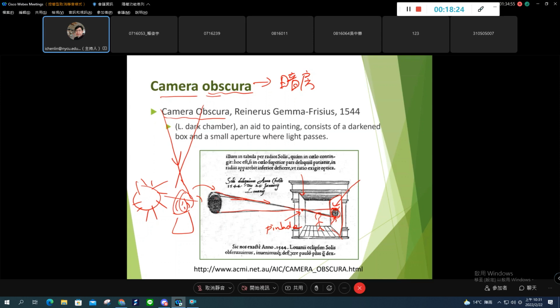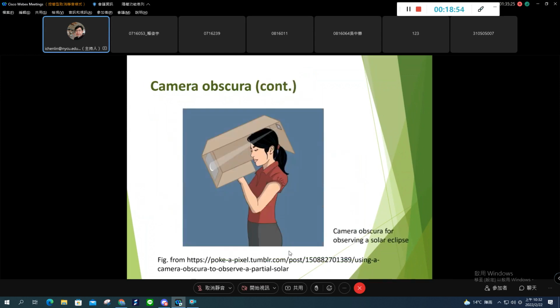Otherwise, light usually goes straight in the air, right? Okay, so this is actually one of our earliest camera models. The idea is using a pinhole to capture the scene. And this kind of camera is actually still applicable right now.